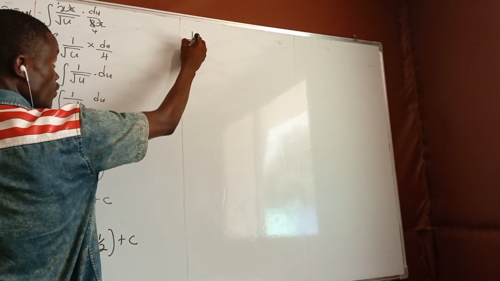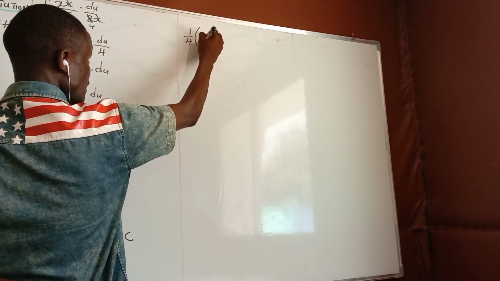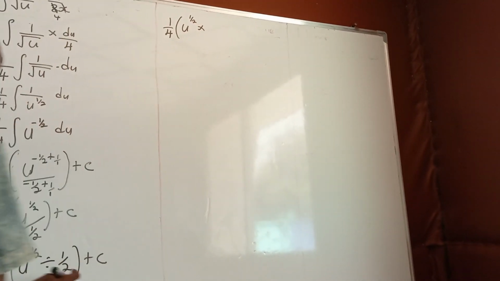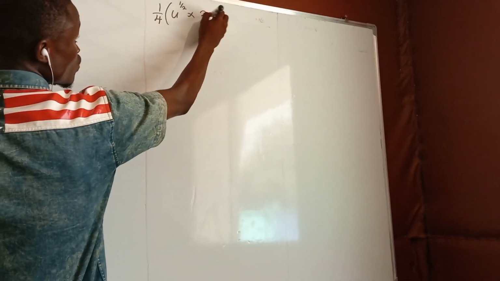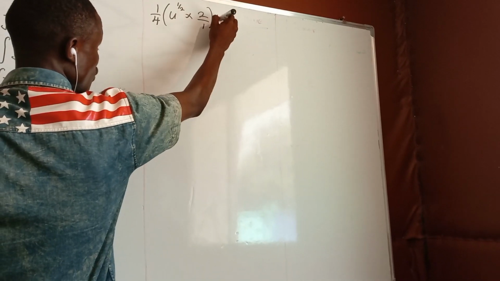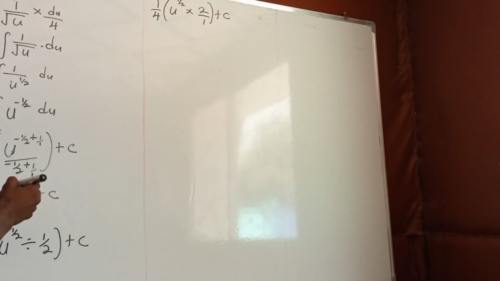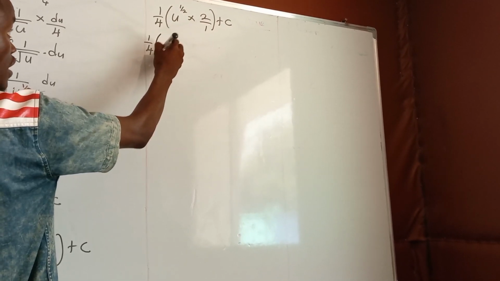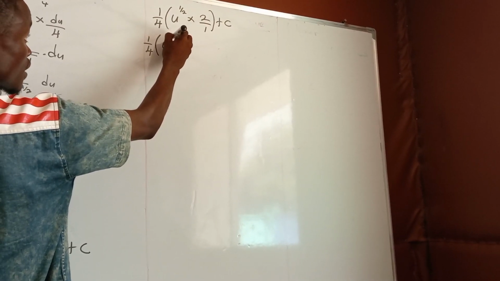Then you say 1 upon 4, u raised to the power half times you reciprocate, so 2 divided by 1, plus C, right? So 1 upon 4 into u raised to the power half.